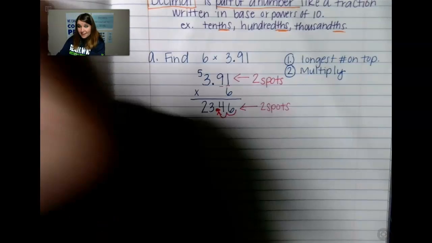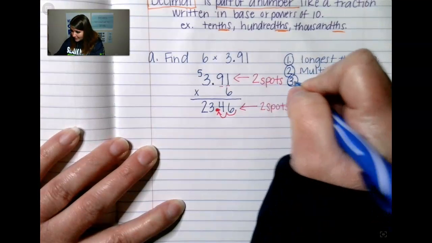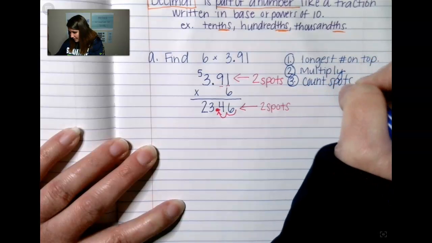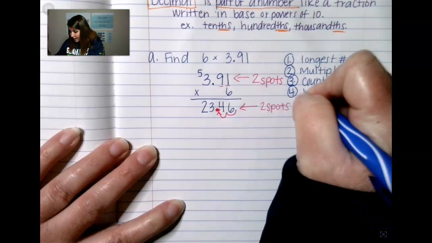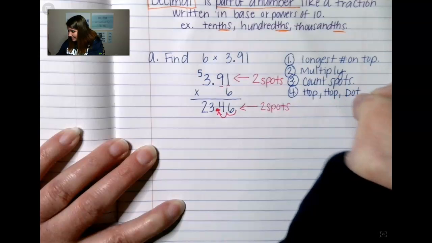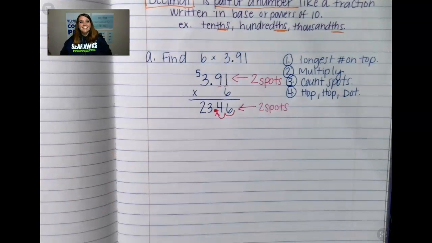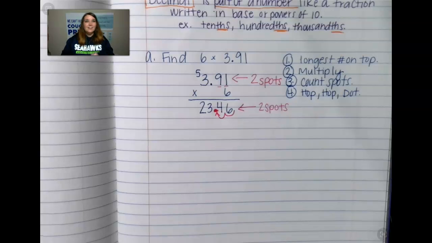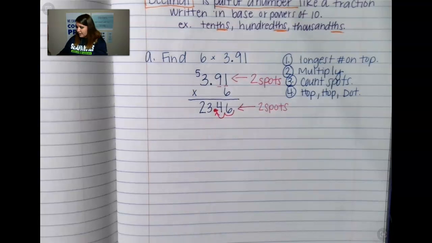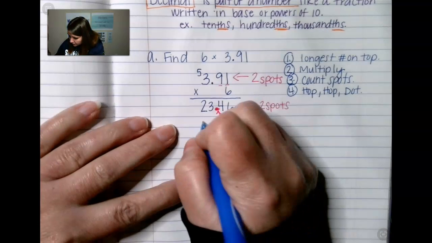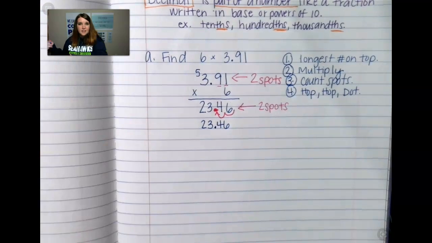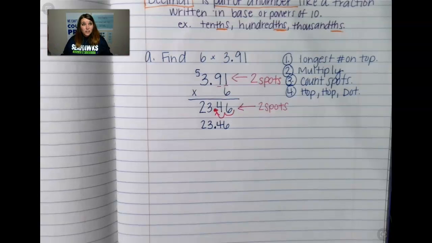So step 3 is count the spots, and step 4 is hop, hop, and then dot. Now we rewrite our answer, and our answer is 23 and 46 hundredths. That's all you do to multiply.